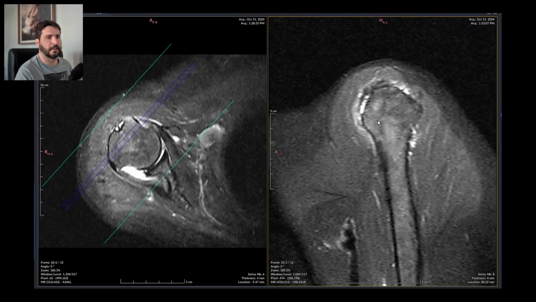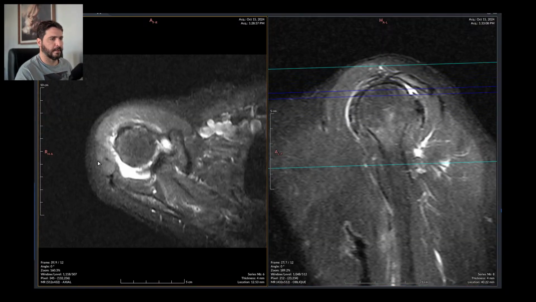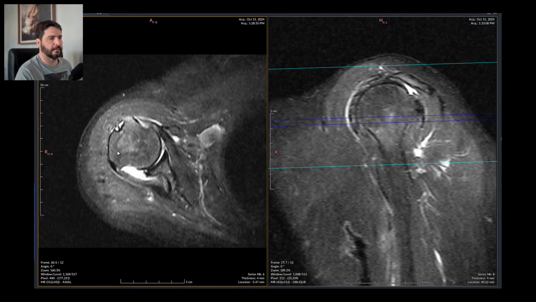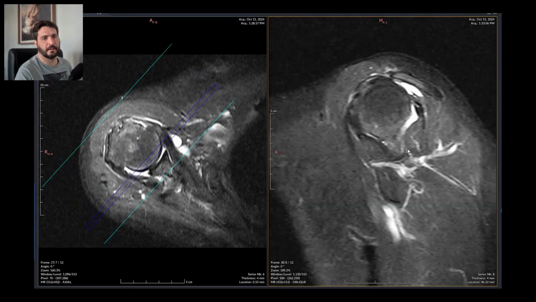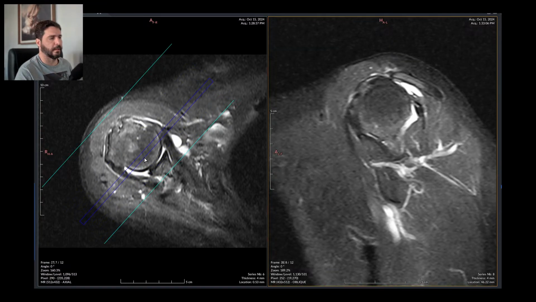Can't really do it, can they? So yeah, there is probably a rupture right there, and I can't really say there is a ruptured infraspinatus, unfortunately. Or can I? No, I don't know.